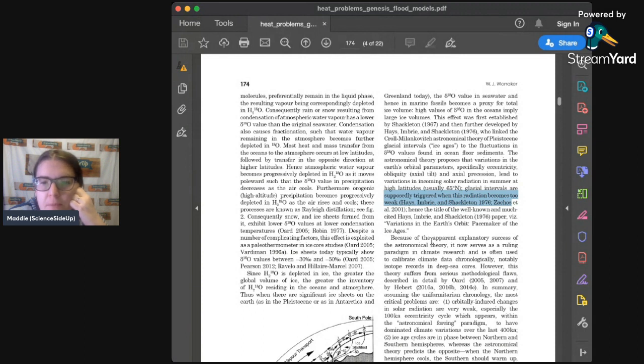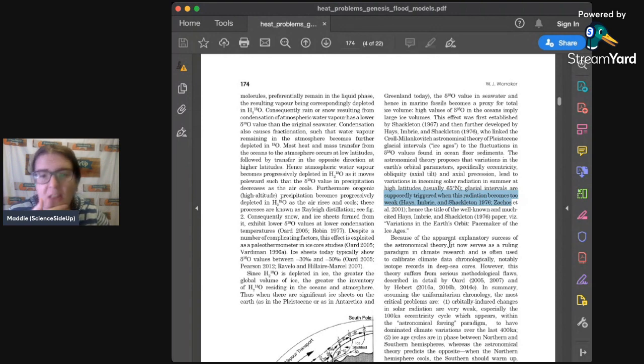Hence the title of the well known and much cited Hayes, Imbrie, and Shackleton 1976 paper, Variations in the Earth's Orbit: Pacemaker of the Ice Ages. That's really cool. I actually have never read that paper because this is old enough knowledge to be general knowledge in all of planetary science, geophysics, atmospheric science.